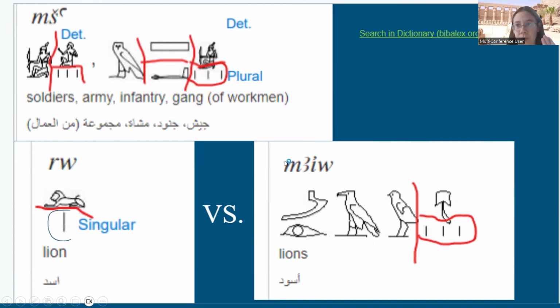Because again, if you look at the characters, there's 1, 2, 3, 4, or sorry, there's 1, 2, 3, 4, 5 pictures in all. But that's how you know for the pictures in terms of where you stop your phonetic reading, you stop it here. And so this is the determinative, and then you have the plural strokes there.